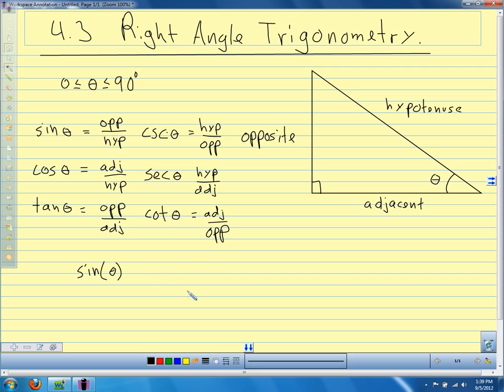Because what will happen is students will have a problem like sine of theta divided by theta, and then want to cancel theta and say that just equals sine. We can't do that. So I'm just going to say no, we can't do that. So the theta is what goes into our function. We're not multiplying. It goes into our function.